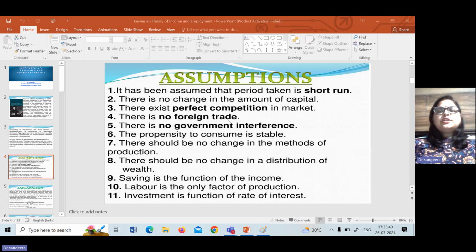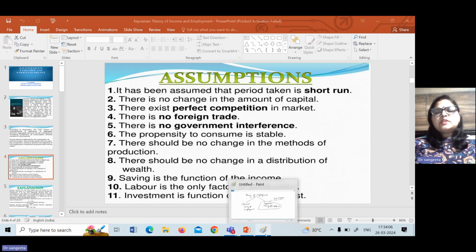And there is no foreign trade. The economy is considered a closed economy, because there is no import and export. Whatever is produced within the boundaries of the economy is traded, and there is no government interference. Market demand and supply forces balance the situation in the market, and the propensity to consume is stable.